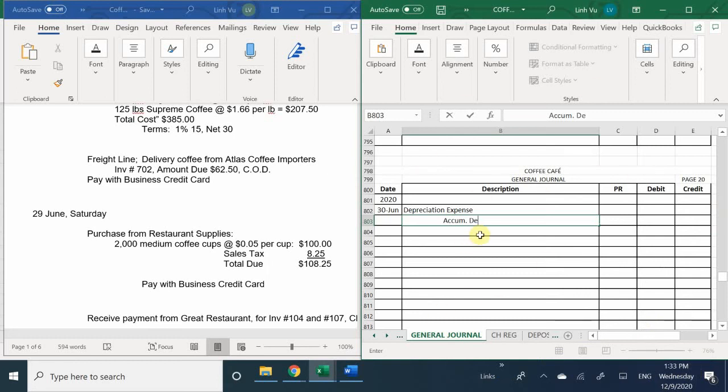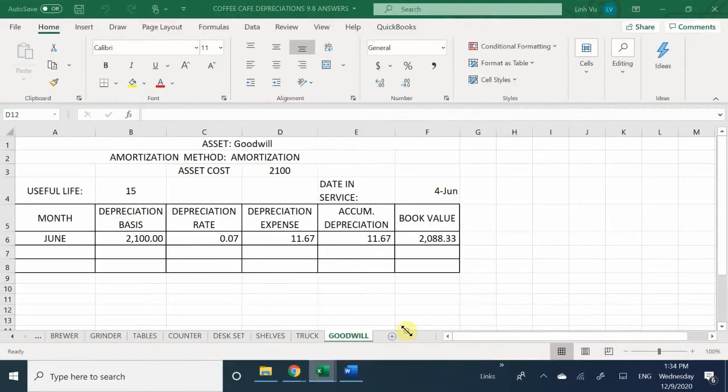So first one is going to be accumulated depreciation, and what is our first item on there? Tables is the first one. So what account number is that? 13011. All right, 13011. So let's take a look at our depreciation tables and look up our tables here.